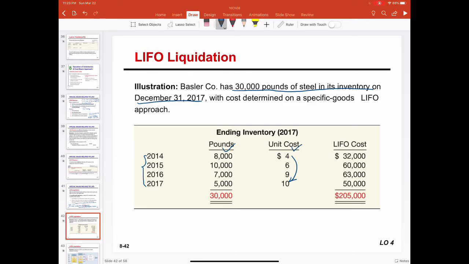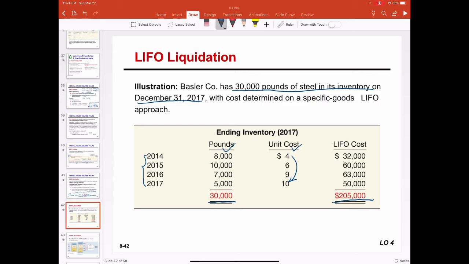So the LIFO cost totally is 205,000. Total number of pounds is 30,000 pounds. So this is the inventory balance by the end of 2017. In other words, it is the beginning balance of 2018.